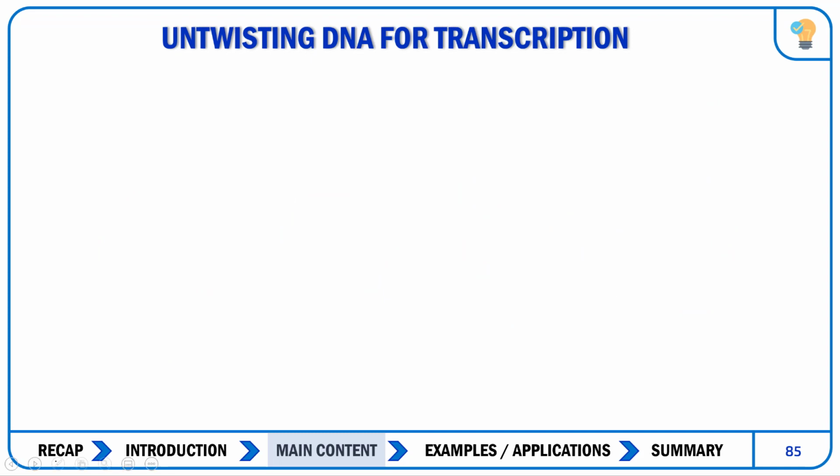So we're kind of back to one of the first things we talked about here, which was DNA denaturation. Untwisting occurs when writhing is less than 0, becomes t is less than 0.